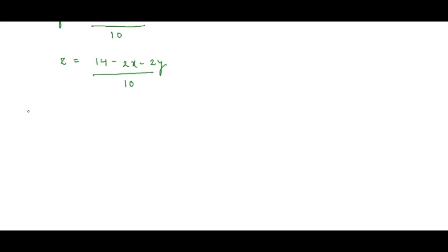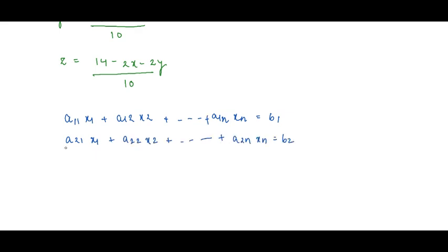So if we consider the general system: a11x1 plus a12x2 plus up to a1nxn equals b1, a21x1 plus a22x2 plus up to a2nxn equals b2, and so on up to an1x1 plus an2x2 plus up to annxn equals bn.